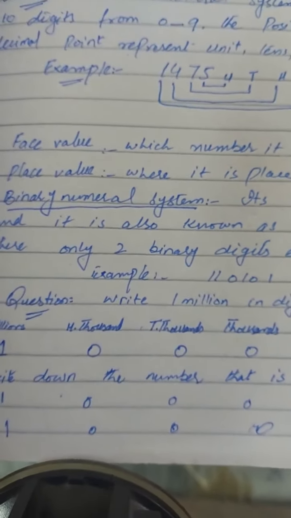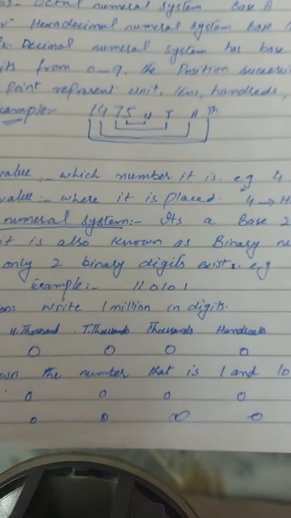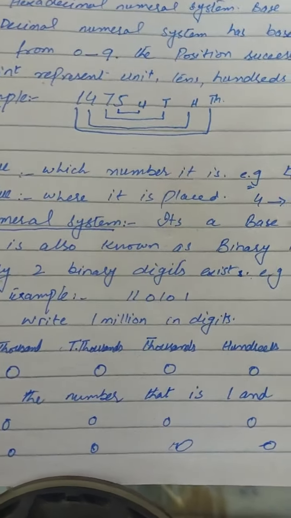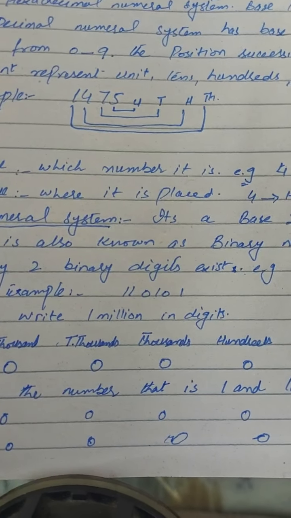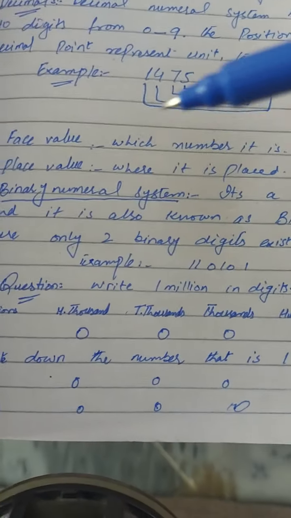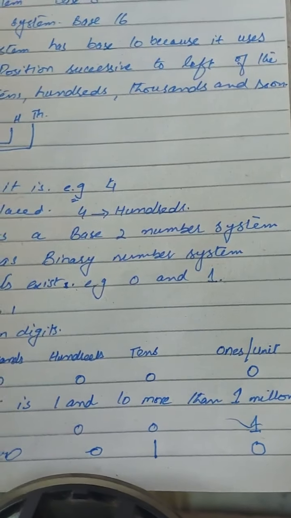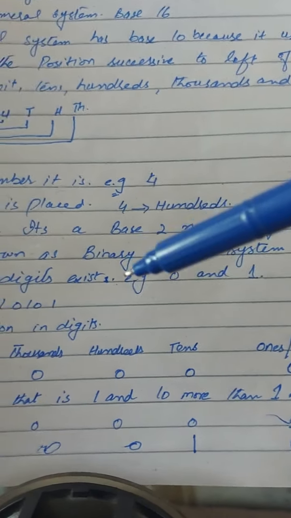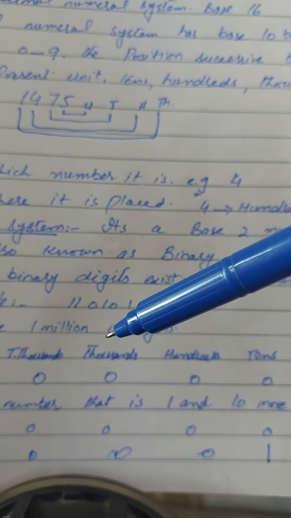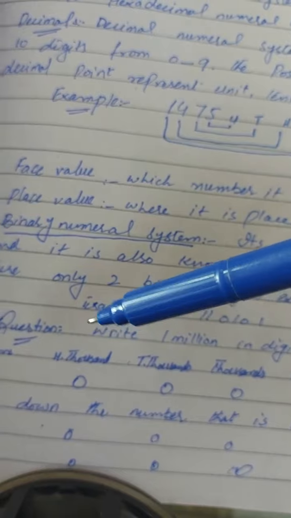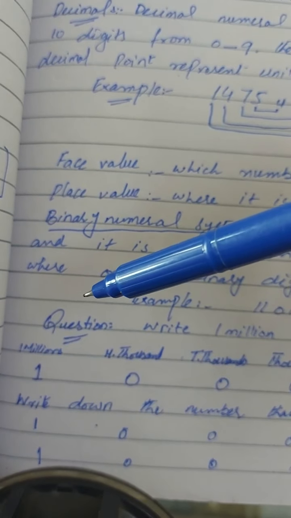I have an example of this decimal system. For example, there is a question that you have to write 1 million in digits. So how do you write 1 million in digits? You have to start with the ones. This is ones, tens, hundreds, thousands, 10,000s, 100,000s, and then 1 million.